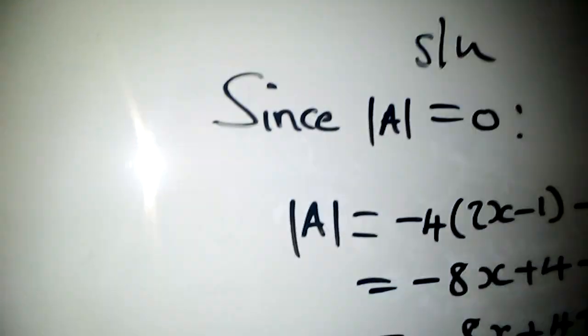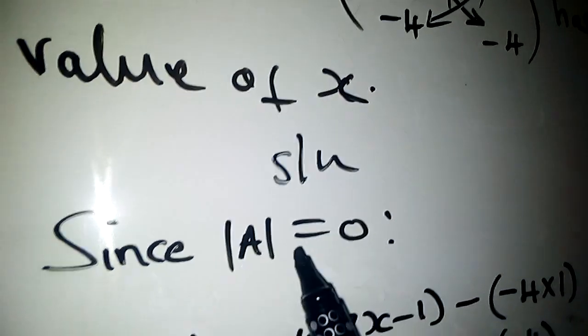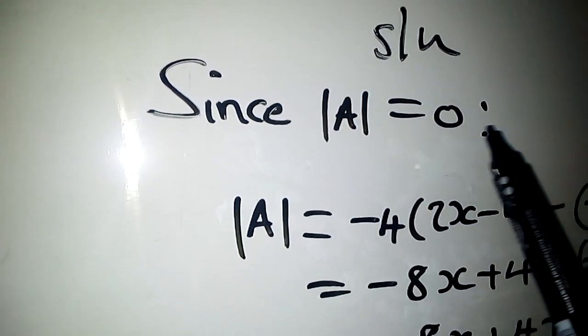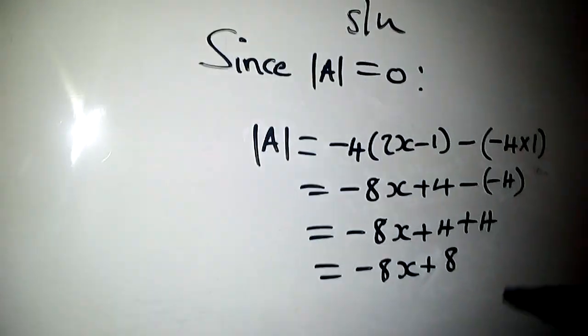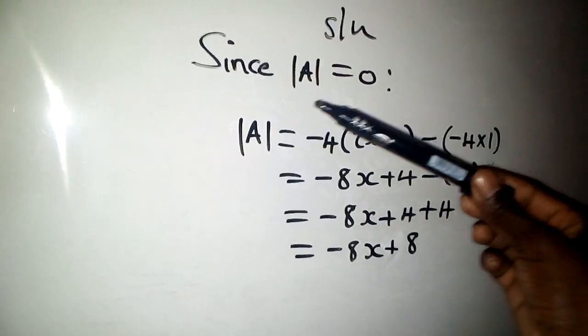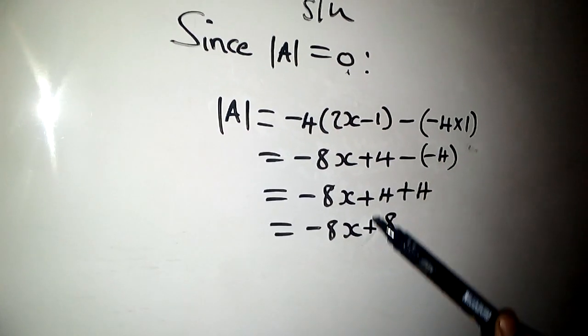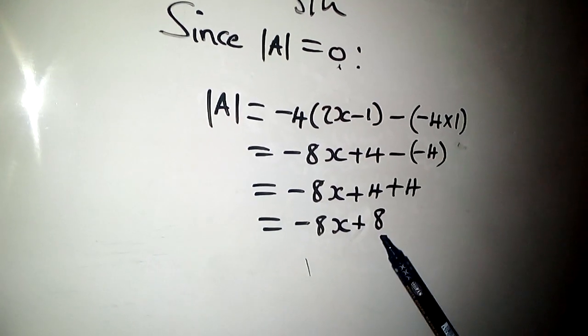Now, since we know that if a matrix does not have an inverse, its determinant equals 0, it's logical to conclude that this determinant, which equals 0, must be equal to this determinant, whose expression is -8x plus 8.